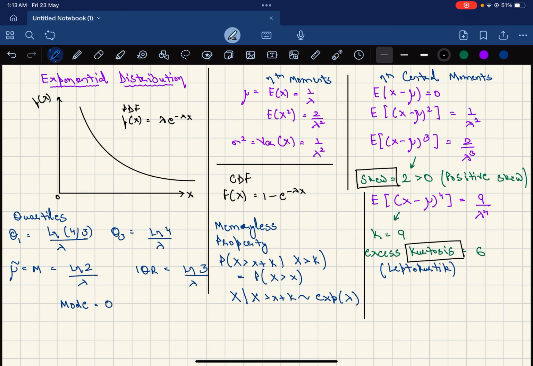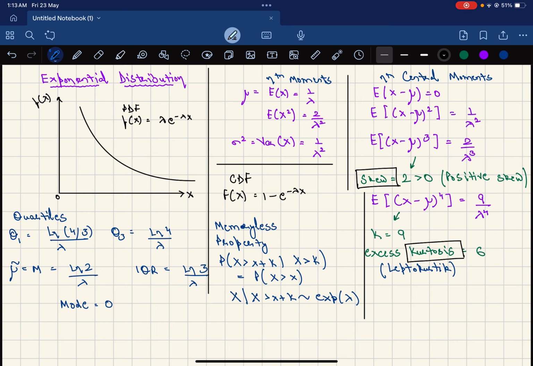Similarly, for kurtosis, which gives the relative size of the tails and peakedness of the distribution, we saw that it's a leptokurtic distribution which had an excess kurtosis value of 6 because it had a kurtosis value of 9, and to get the excess kurtosis, we subtract the value 3 from the kurtosis. 3 is the mesokurtic distribution kurtosis value, which is for a normal distribution.